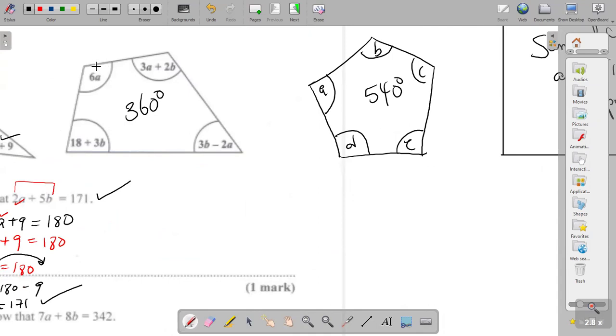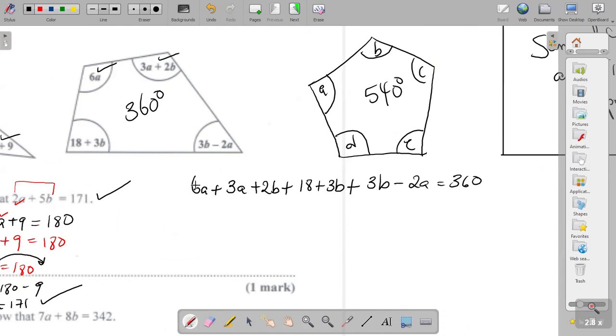Let's start with this one: 6a plus 3a plus 2b plus 2b. So we've got our one. Let's do this one: plus 18 plus 3b plus 3b minus 2a equals 360.